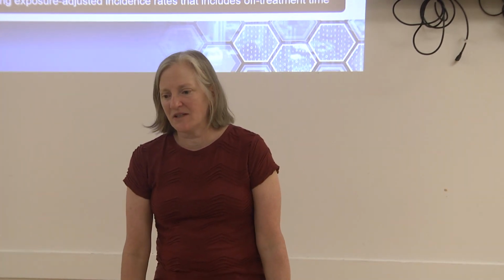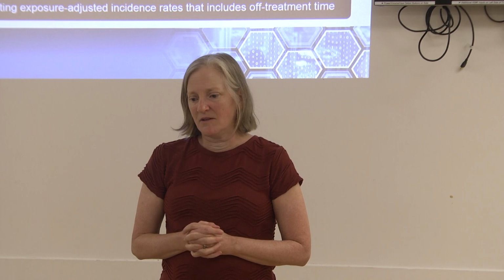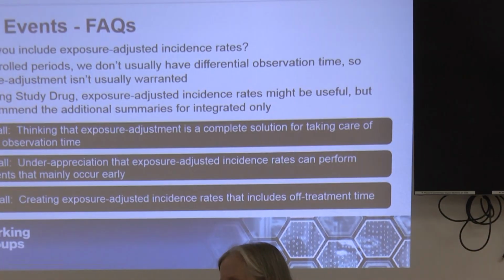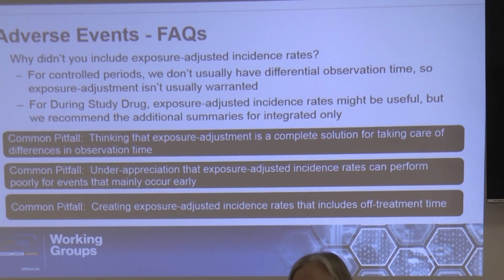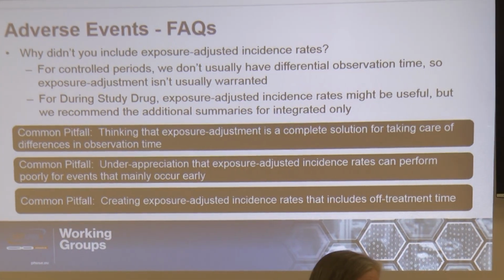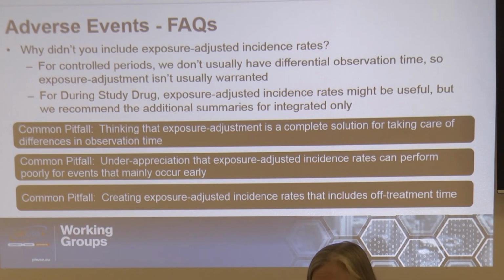Why didn't you include exposure-adjusted incidence rates? That's a common question. For control periods, we don't usually have differential observation time. You start thinking about exposure-adjusted incidence rates when you have differential observation time between your drug and placebo. That's not usually the case, so these are not usually warranted.